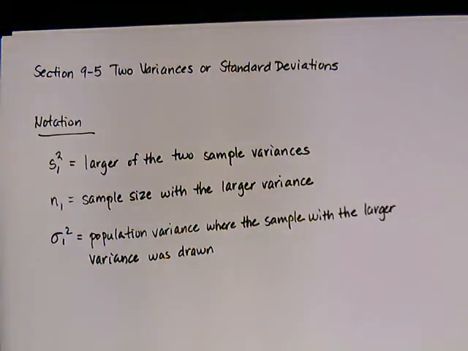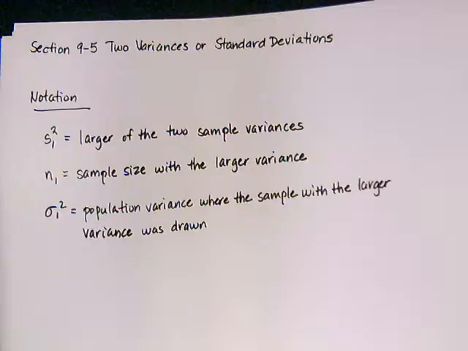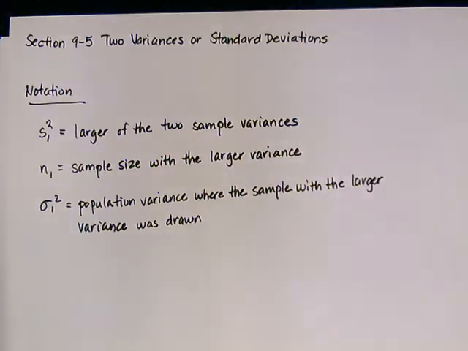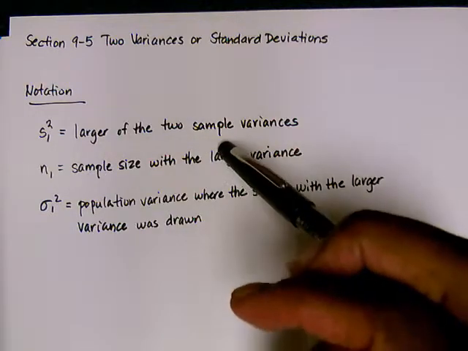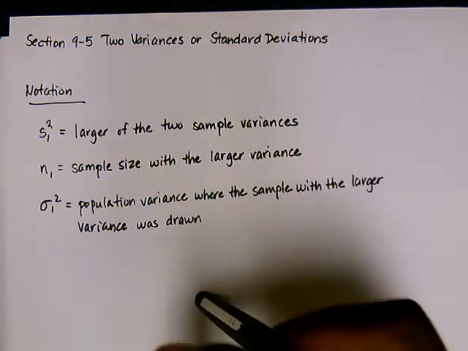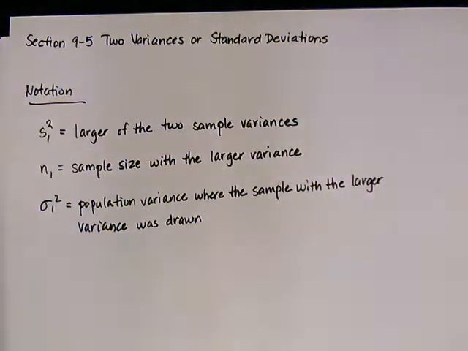Okay, so that's the notation for the first set. S1 squared will be the larger of the two sample variances. N1 will be the sample size that has the larger variance, and sigma 1 squared will be the population variance where the sample with that larger variance was drawn.